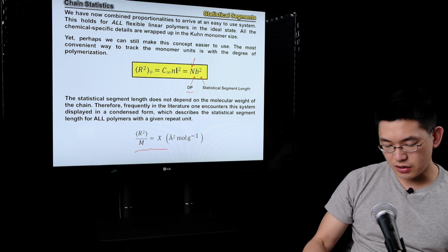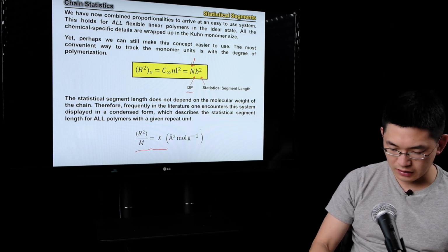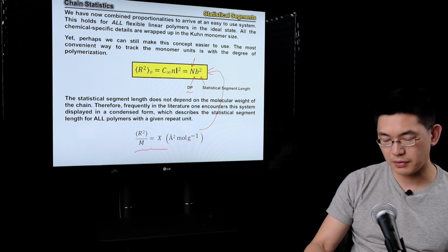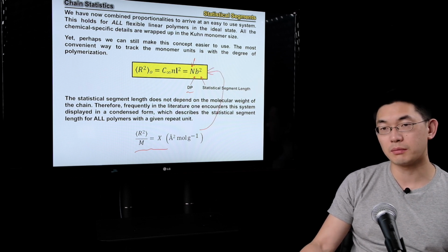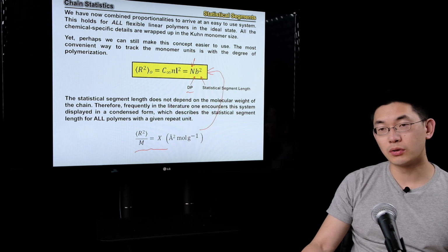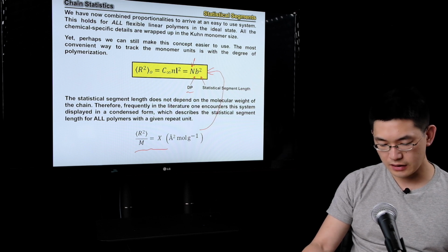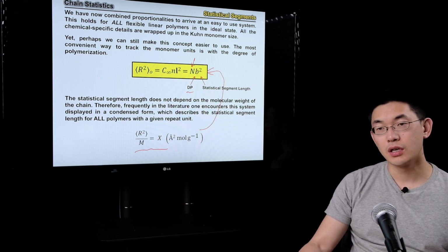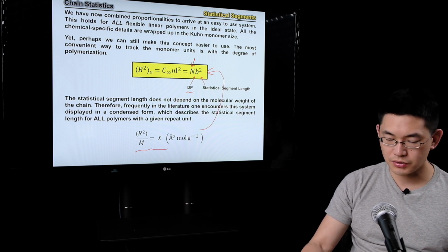And this relationship can easily be used to calculate the equation shown above for the statistical segment, as long as you know the monomer structure or molecular weight of the monomer, okay? If you know the chemical structure, you can add all the atomic numbers to calculate the monomer. Like polyethylene, which we did in a quiz in class, you know that the molecular weight would be equal to 28.